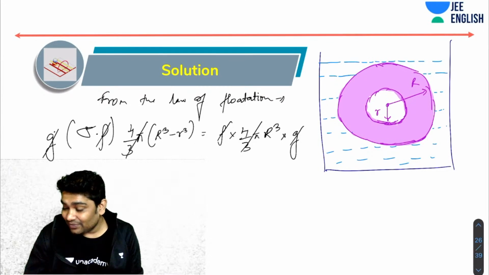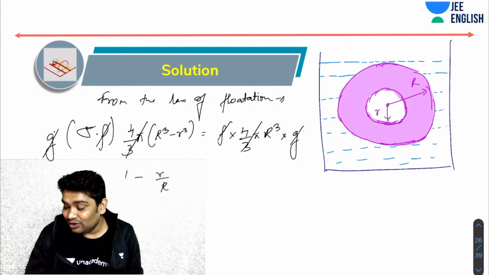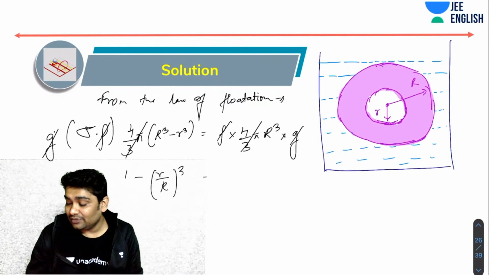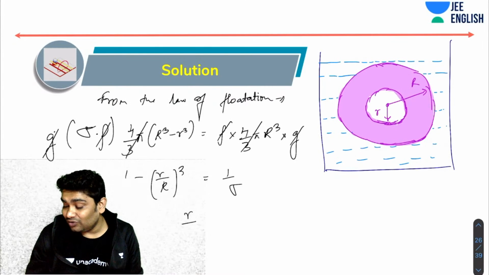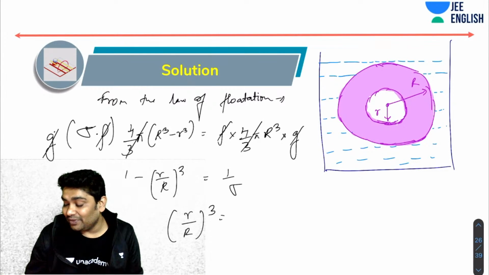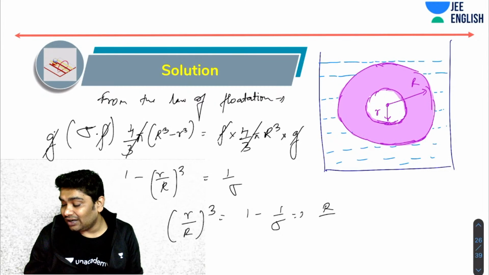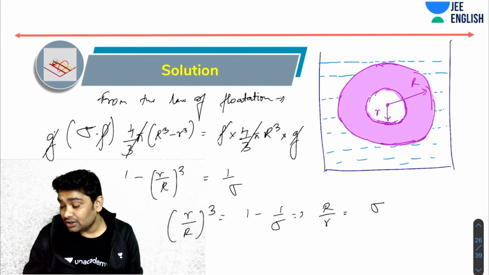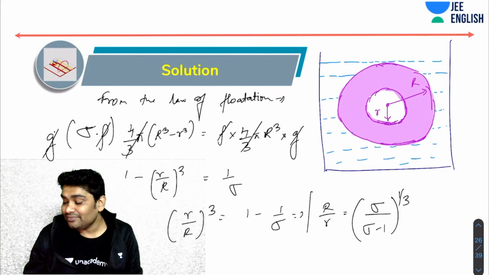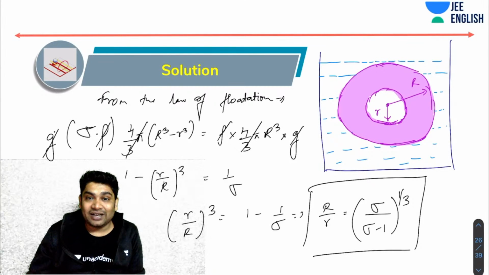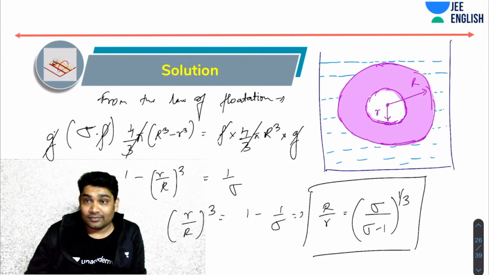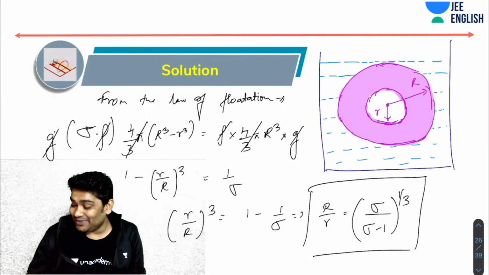What I realize is that if I take this R cube here, 1 minus (r over R) whole cube equals 1 over sigma. So (r over R) whole cube would be 1 minus 1 over sigma. So that tells me that R over r equals (sigma over sigma minus 1) to the power 1 by 3. So that is going to be our answer, which is option number A.